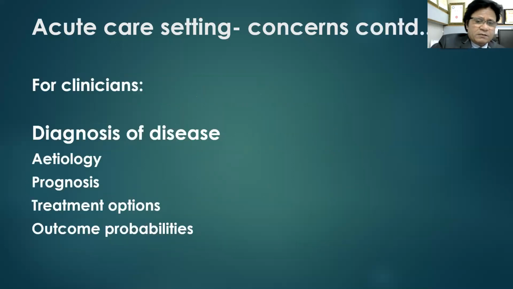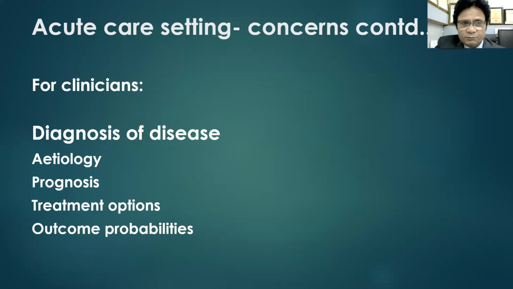For the clinician, the major challenge is diagnosis of the disease. Whenever the patient comes to the emergency department in any acute care setting, the diagnosis of disease is the priority. It is based on the history from the patient, the clinical examination, the laboratory results, and sometimes the radiological evidence.